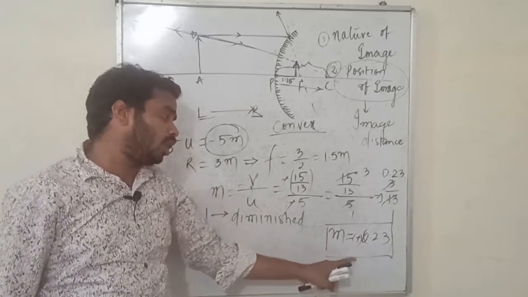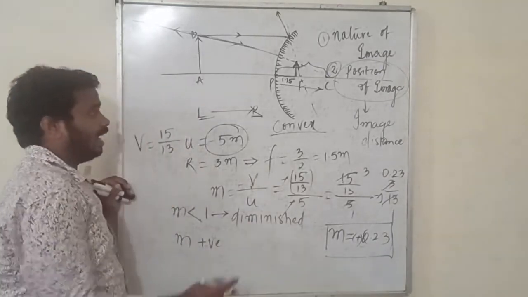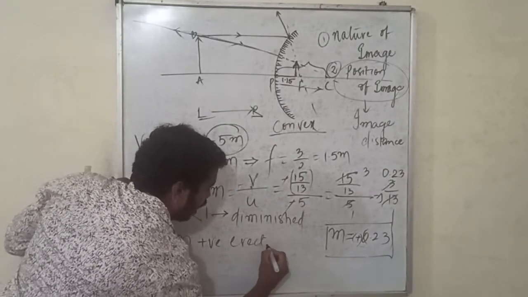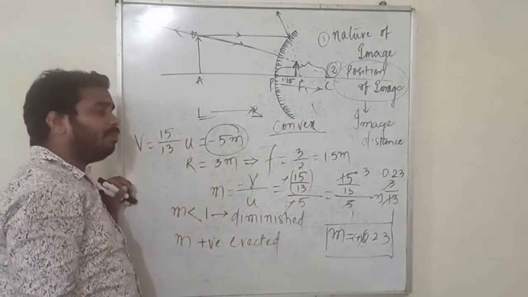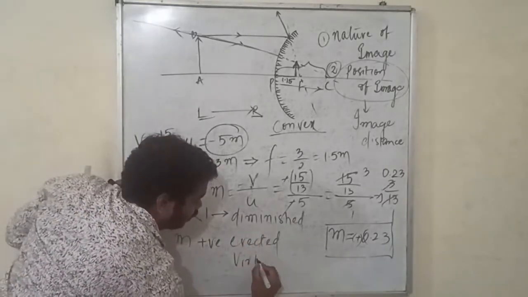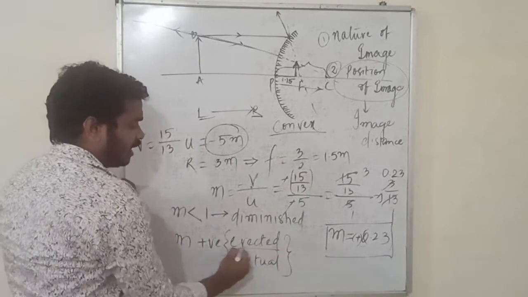So with a positive sign you can interpret that if m is positive, the image is erect, and at the same time it would be virtual.